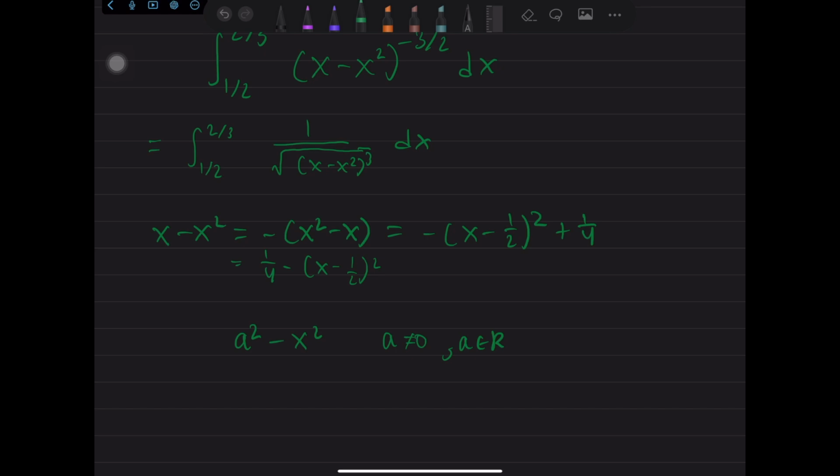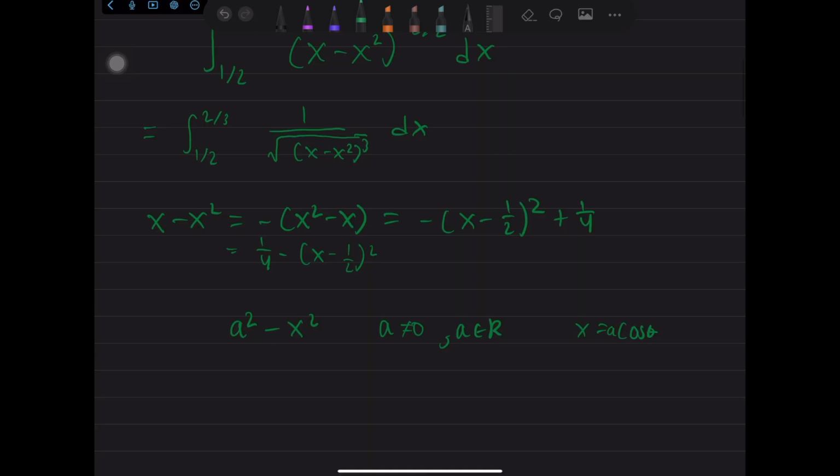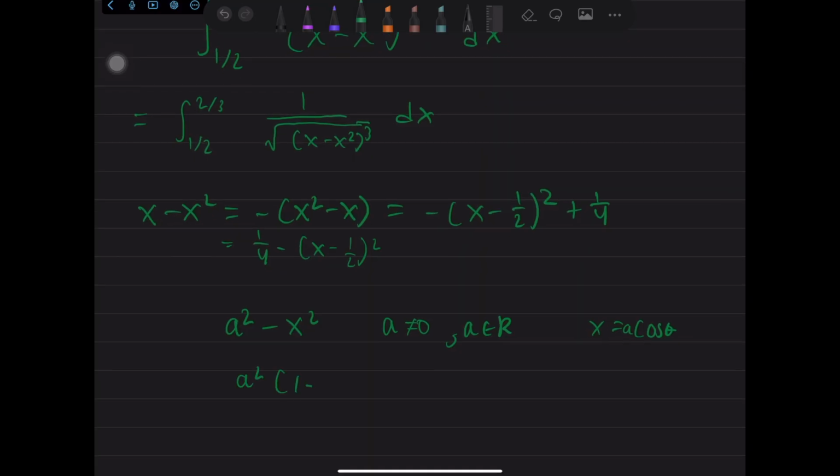So what are we going to do? We could let x be a cosine of theta, and then we'll get a squared times 1 minus cosine squared theta, and then of course we have our d theta and everything. But the point is, we could do a substitution of x equals a cosine of theta like this.